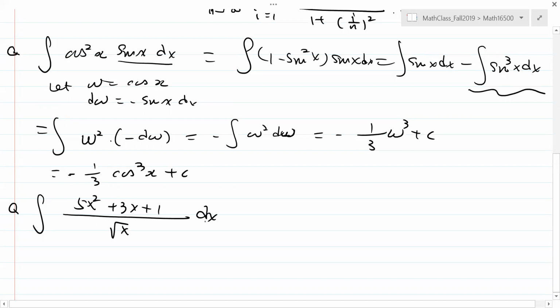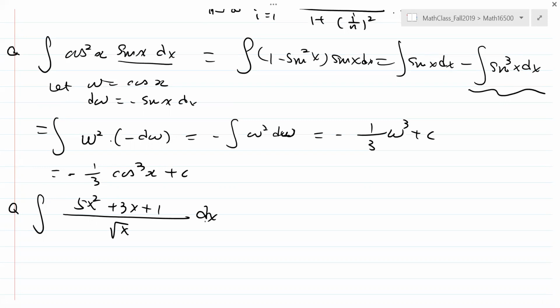And here's the integral. This is a quotient of two functions. It's not like a derivative. We don't have a quotient rule for the integral. We only have the quotient rule for the derivative.